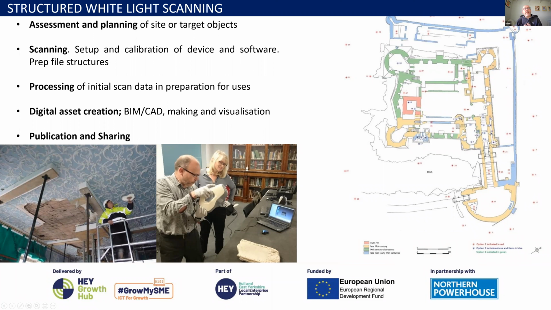So we have to assess and plan any kind of scan that we do, even if it's a small object. We need to work out how we're going to get the scanner in there. And then we scan it, maybe with some calibration, we process the data, we create our digital asset, and then we need to work out with the client how they want that data presented to them, because the data sets can be enormous.